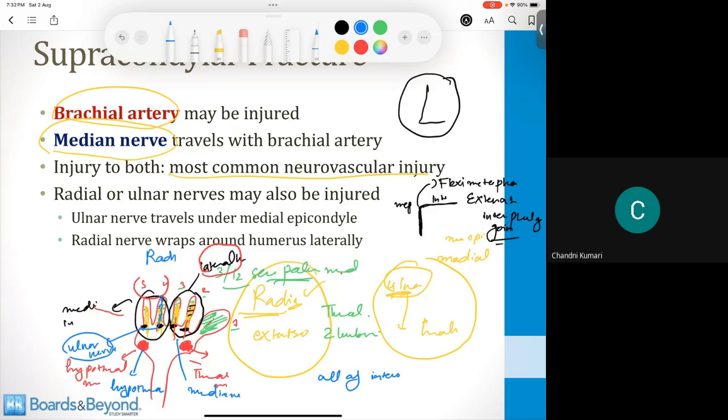In between these metacarpal bones, you have a group of muscles called interosseous muscles. All of those interosseous muscles are supplied by which nerve? Ulnar nerve. Am I right?